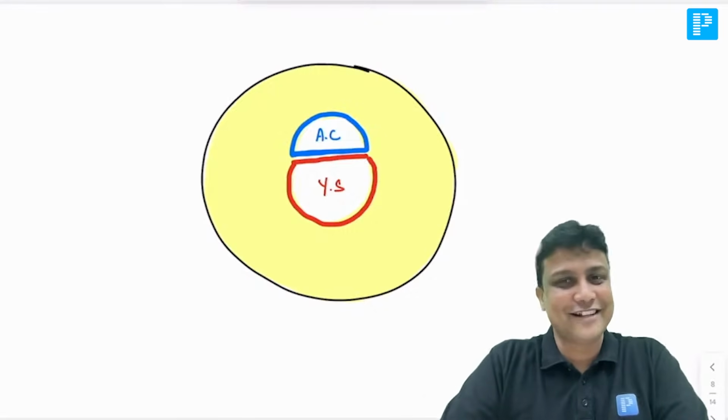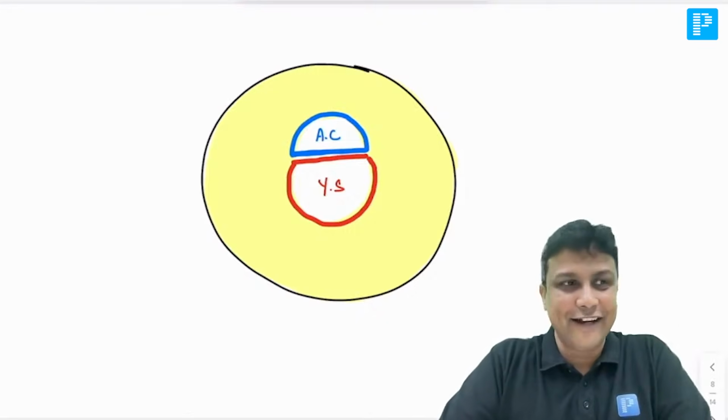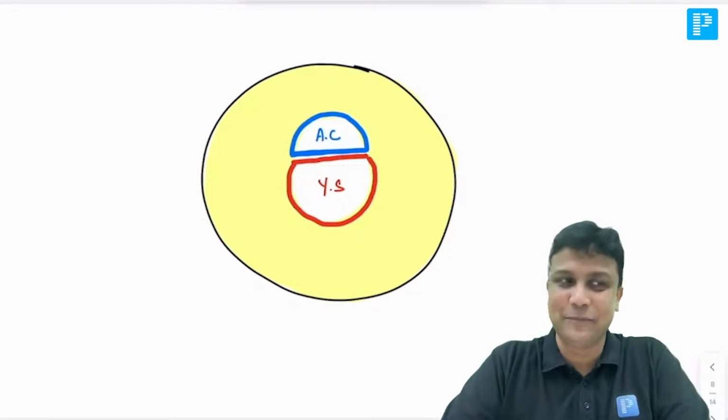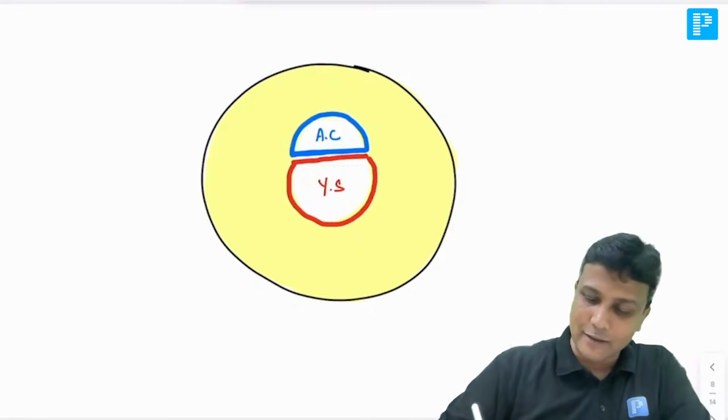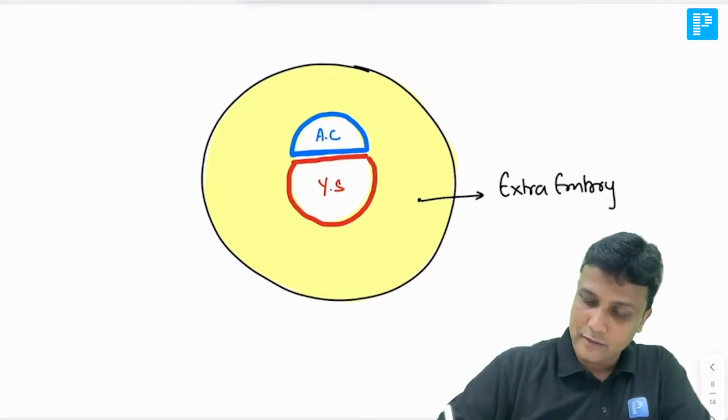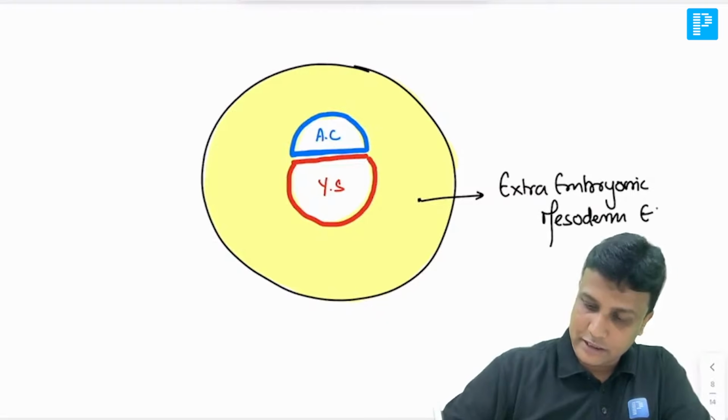But those many cells we are not going to draw right now, my dear friends. Please remember that it is extra embryonic mesoderm. आप ऐसे मान लो कि ये वाला यहाँ पर extra embryonic mesoderm है. Is it okay? So this one will be the extra embryonic mesoderm, sir. EEM.